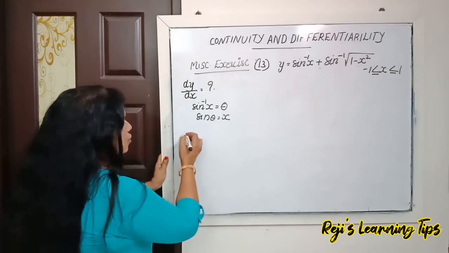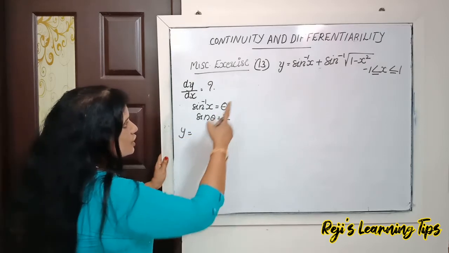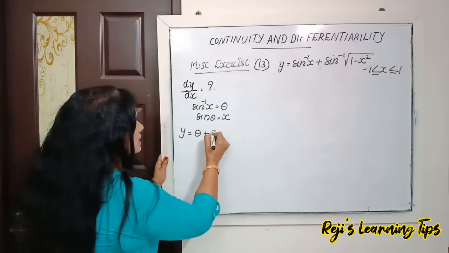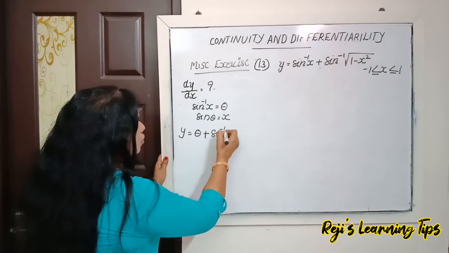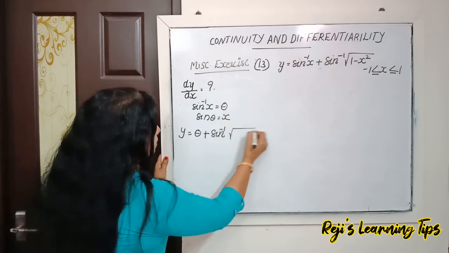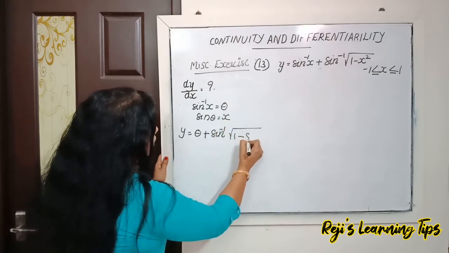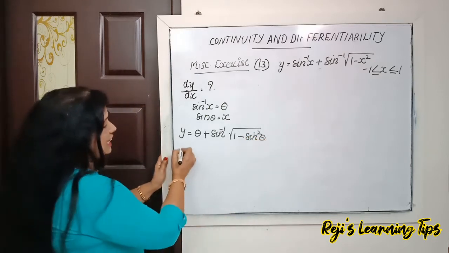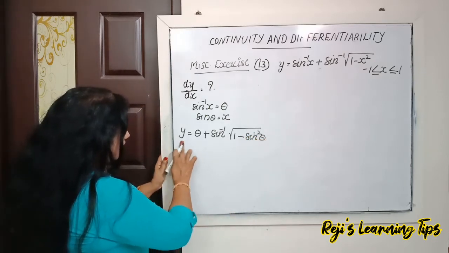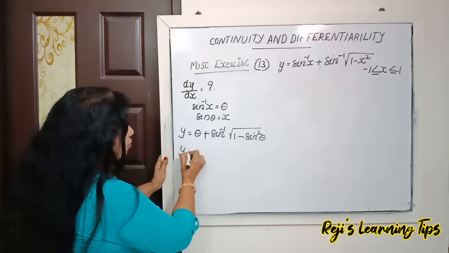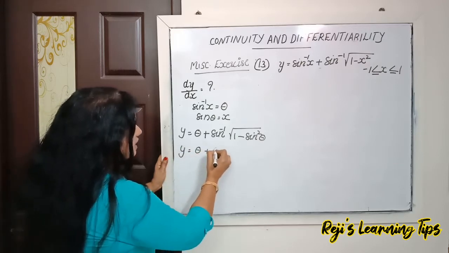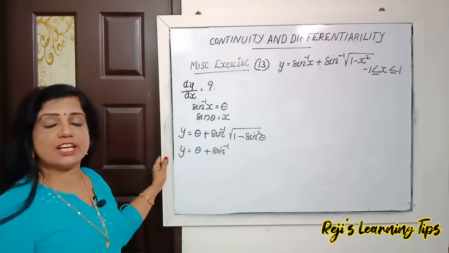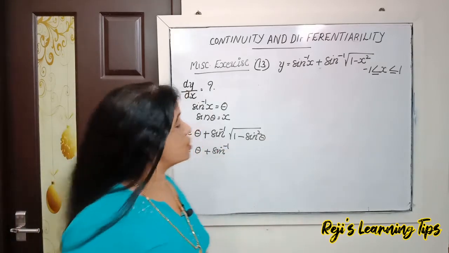Sin theta is equal to x, then y is equal to sin inverse x, that is theta, plus sin inverse root of 1 minus x square, that is 1 minus sin square theta, which is cos square theta.